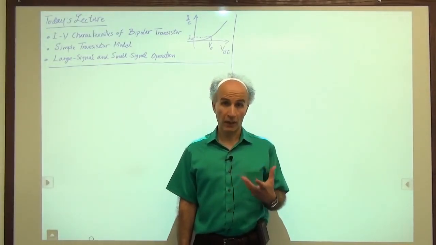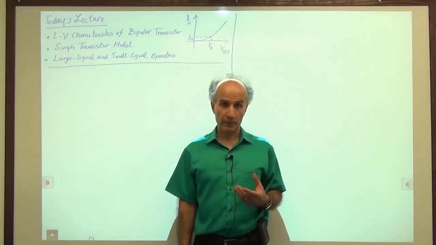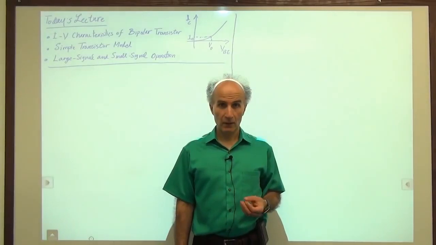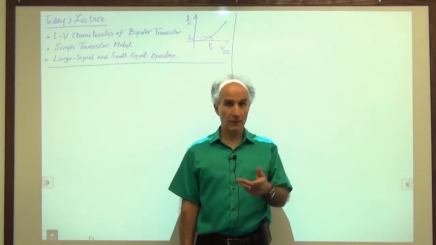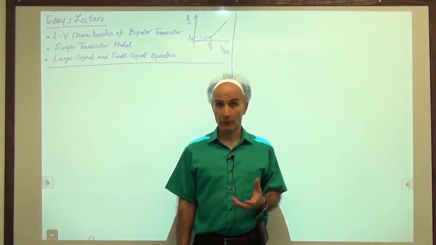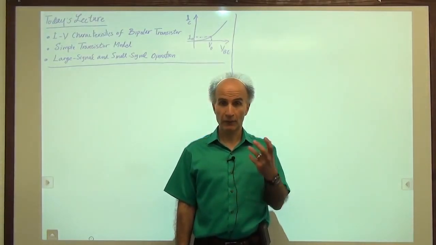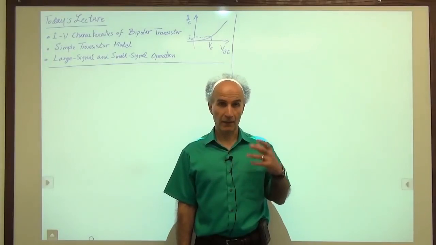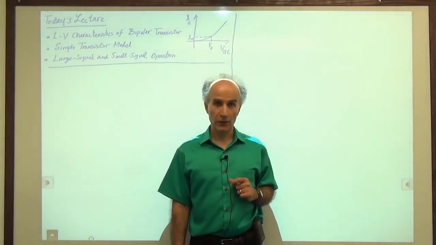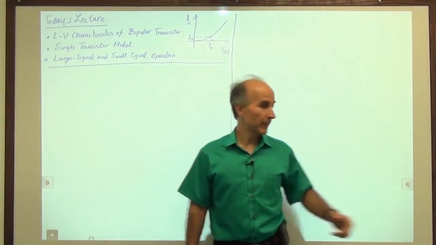Now we would like to formalize this behavior and represent it by more familiar devices such as current sources, resistors, maybe diodes, that sort of thing, so that we don't have to think of the bipolar transistor as some strange device. So before we go there, let's just remember what we did last time.